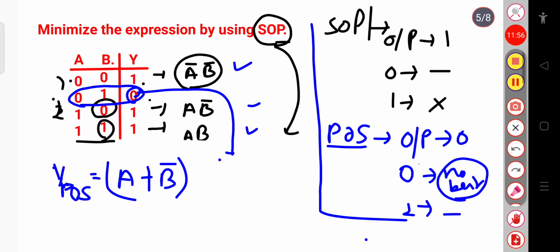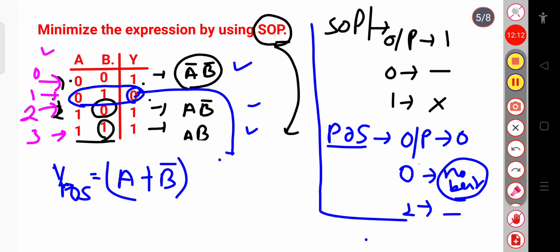Here in this case you can see that this is suppose 0, this is 1, this is 2, and this case is 3. So there are 4 cases: 0, 1, 2, 3.